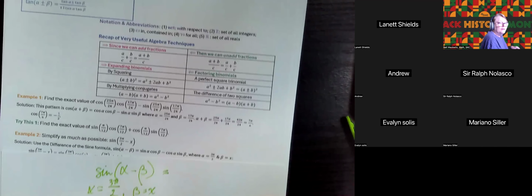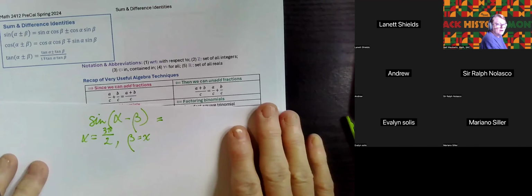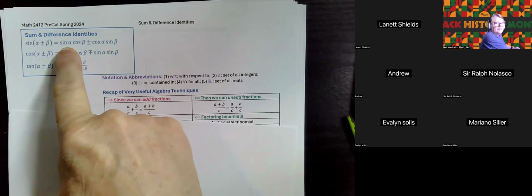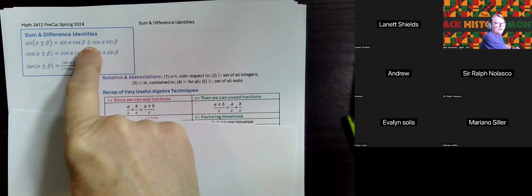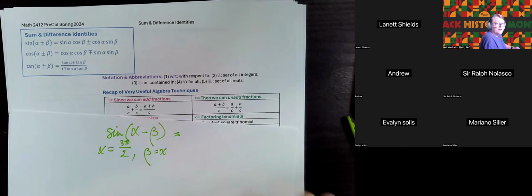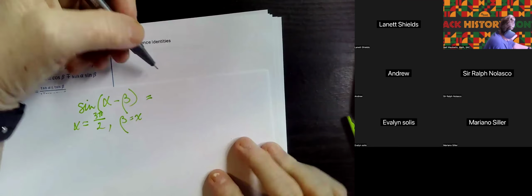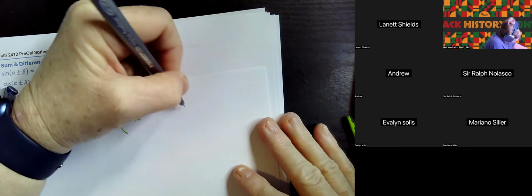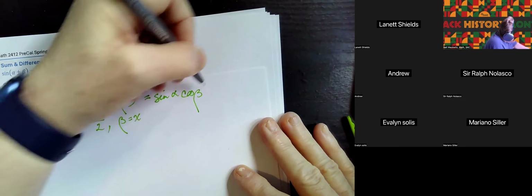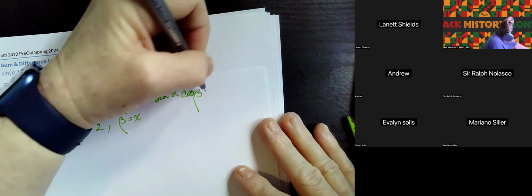And I know that the sine of a difference is sine of the first, cosine of the second, minus cosine of the first, sine of the second. So let's see. Sine alpha, cosine beta, minus cosine alpha, sine beta.